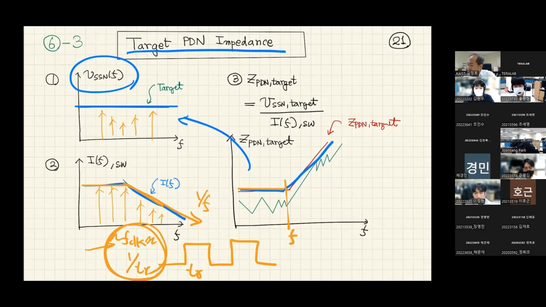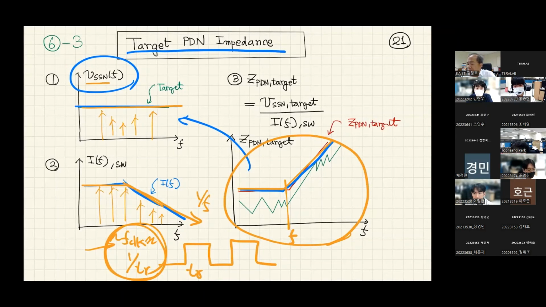But above that, because of inductive nature, it could be increasing. If you design your target impedance like that, combining with the switching current, your voltage switching noise spectrum will be below a certain target value, because current spectrum multiplied by impedance will be your voltage spectrum.